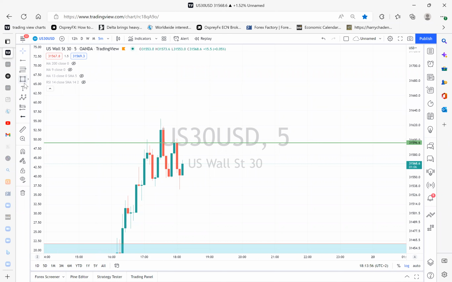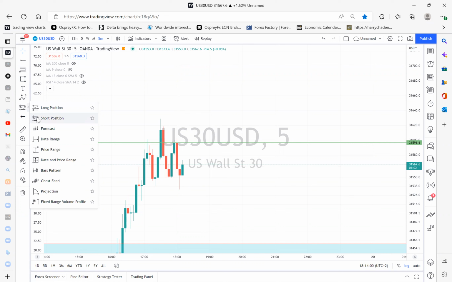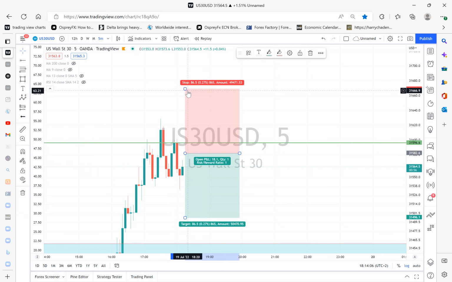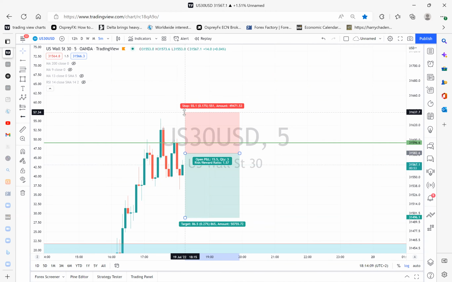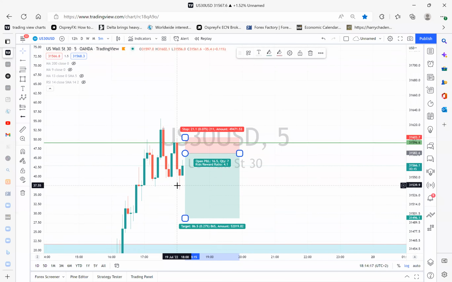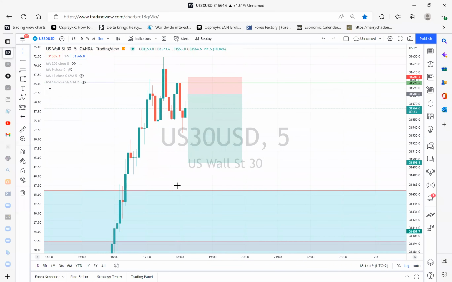I guess you could use this 5-minute order block if you want. That ain't really break of structure though. No, but you got lower lows at the top of a bearish order block.